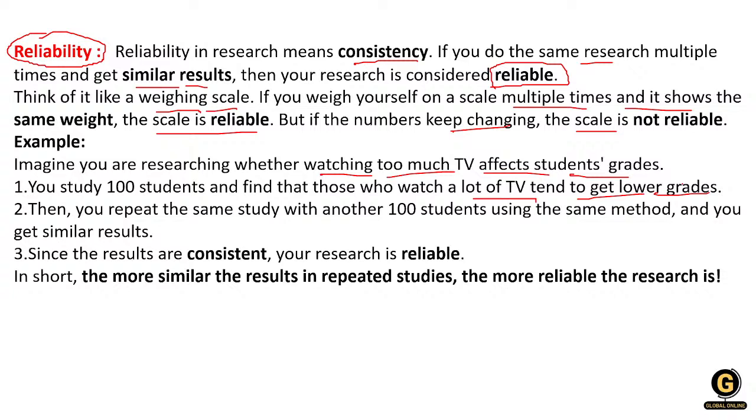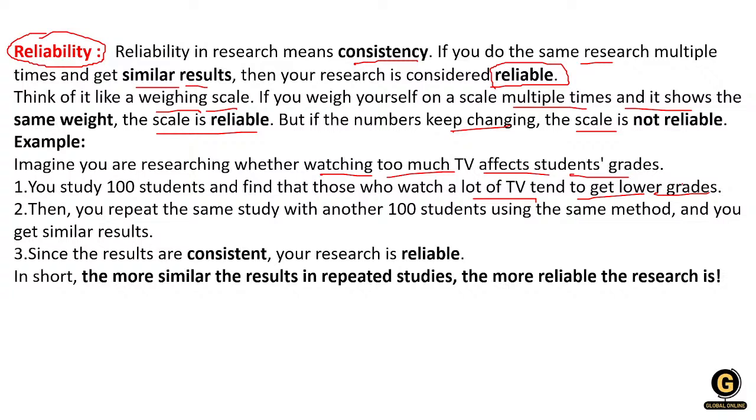Then you have taken another 100 students as a sample, and you have used the same method and got similar results. Getting it? So you have done it twice. You have done the same process two times, with another 100 students.